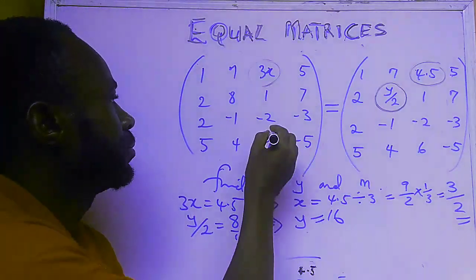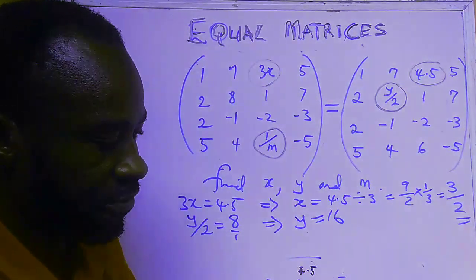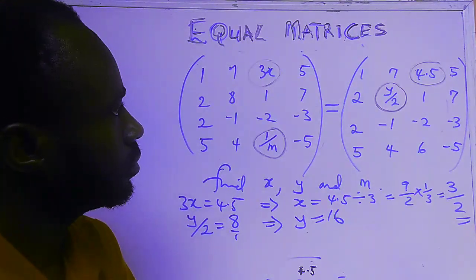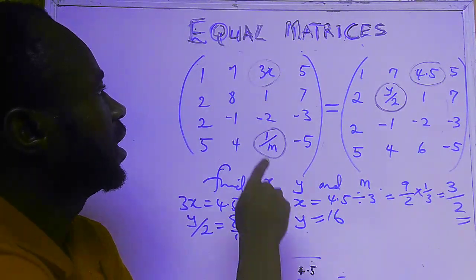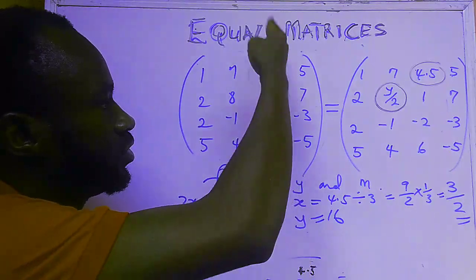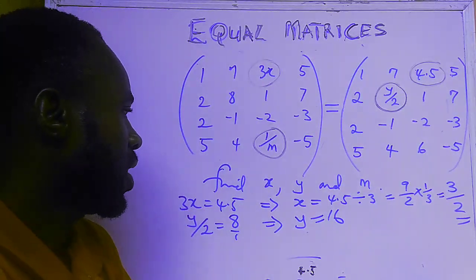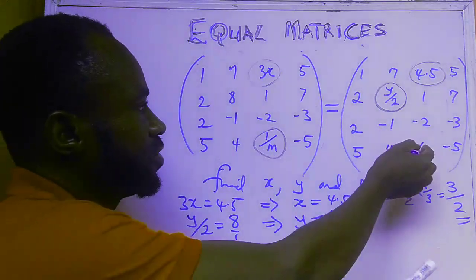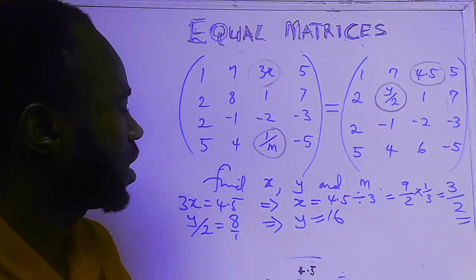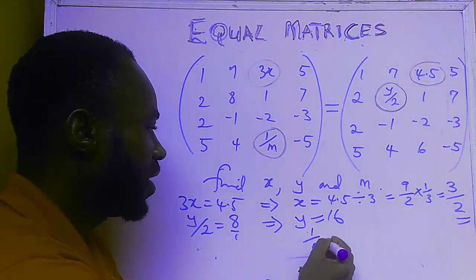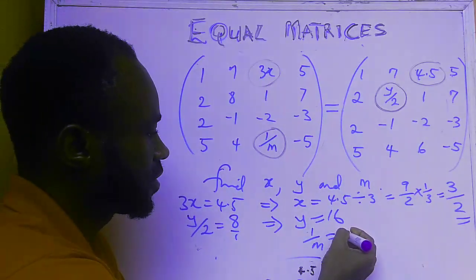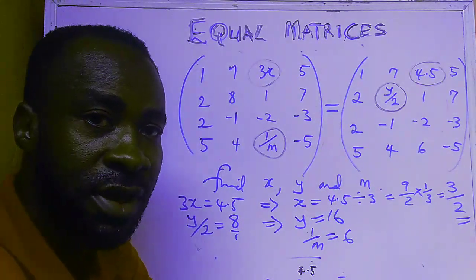So this is our m. Where can we find m? M is found at the last row and third column, which means that 1/m corresponds to 6. So I'm going to equate both of them.